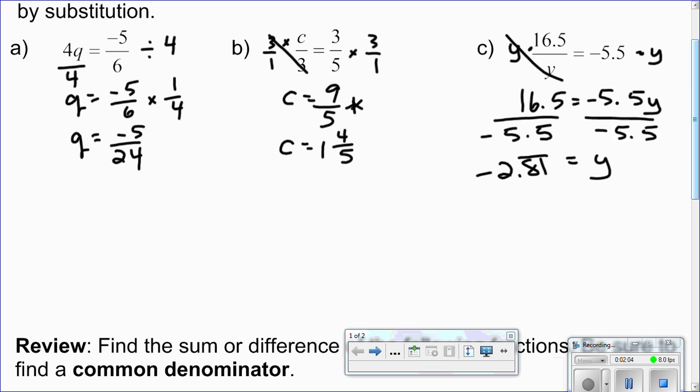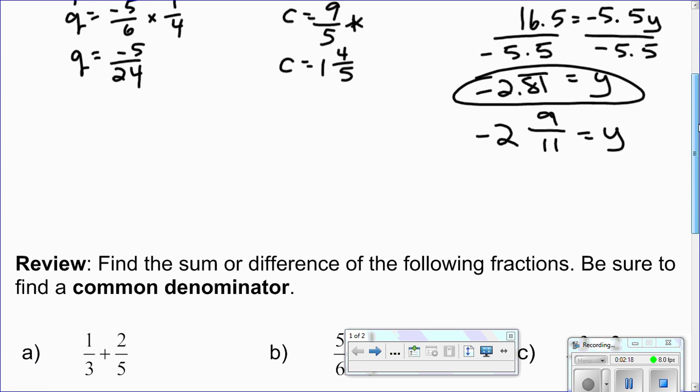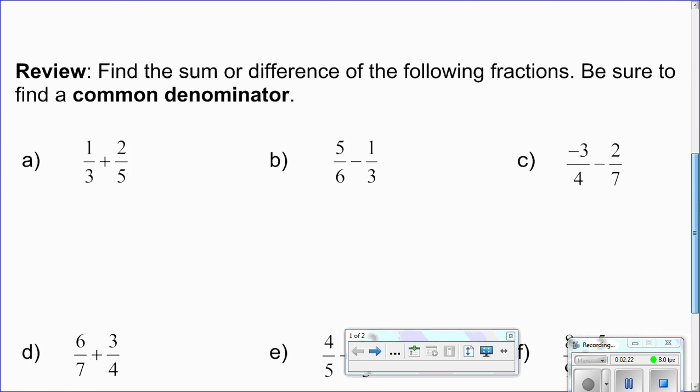If we put that into a fraction, it would give us -2 and 9/11. Okay, but again, you could substitute 2.81 and it should be pretty close for you. So again, I'm going to be checking for you to have done that verification.